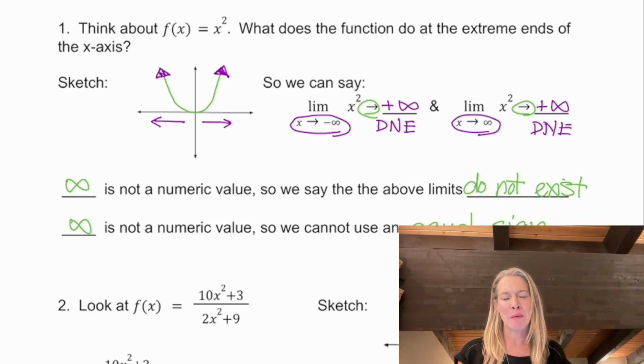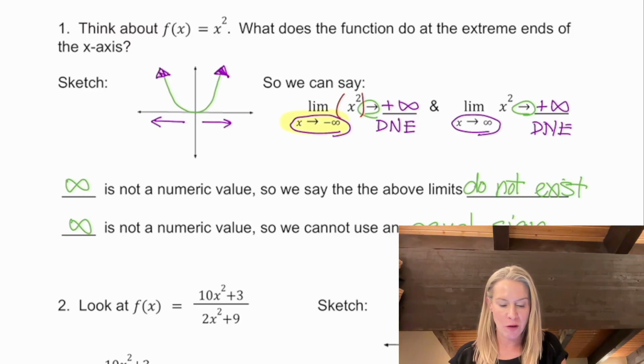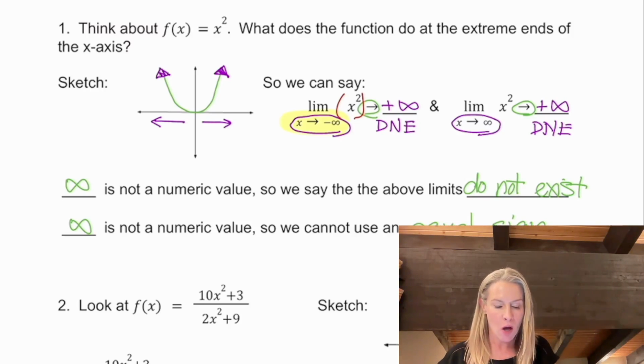Now, if we look at this limit from a more algebraic point of view, we can think about plugging in a value for x. For instance, as x goes towards negative infinity, think about taking negative a billion and putting that into the function x squared. When you square negative a billion, you get positive something gigantic. So we have affirmed that that limit really is going towards positive infinity.